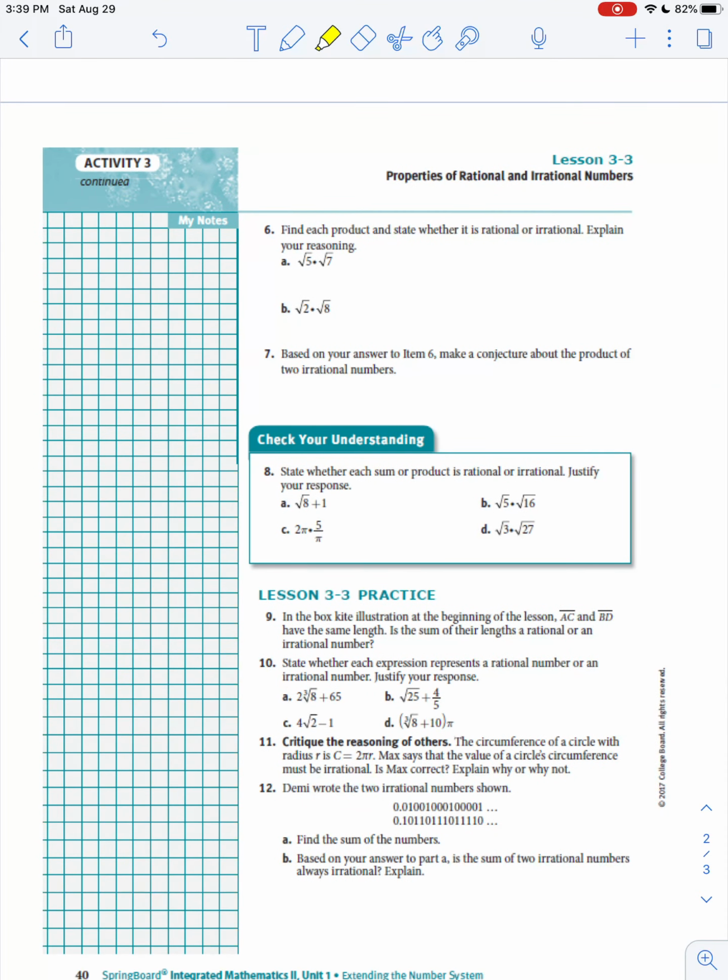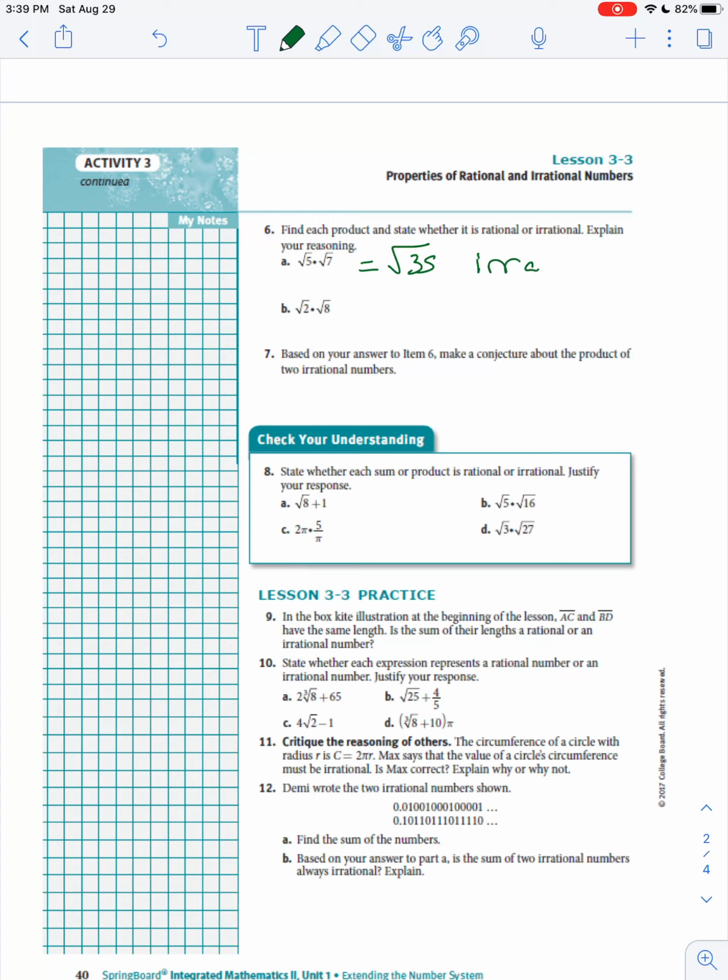So let's take a look and explain whether or not we get rational or irrational based upon what we're given. So, little review from yesterday, when we multiply two radicals together, remember we multiply their insides together. So that's going to be the root of 35. Is that irrational or rational? Is 35 a perfect square? It is not.